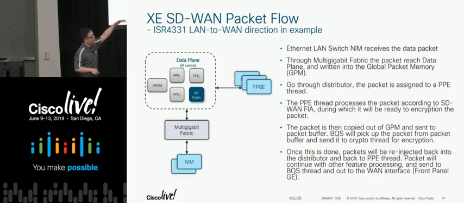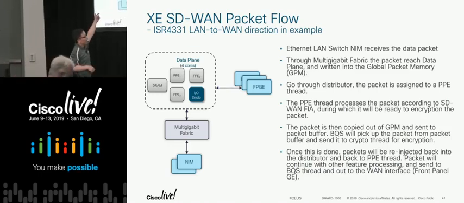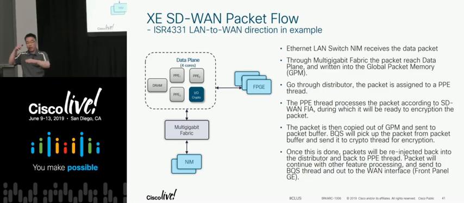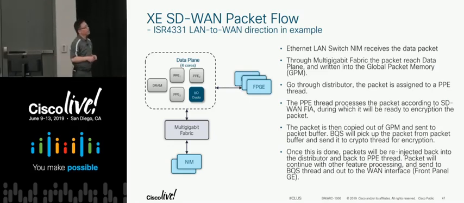During that process, the PPE recognizes that it's going to send the packet to the transport VPN and needs to encrypt the packet in IPsec. Then the packet gets copied out of the GPM and sent to the packet buffer memory. That DRAM is partitioned between the GPM and the packet buffer memory.